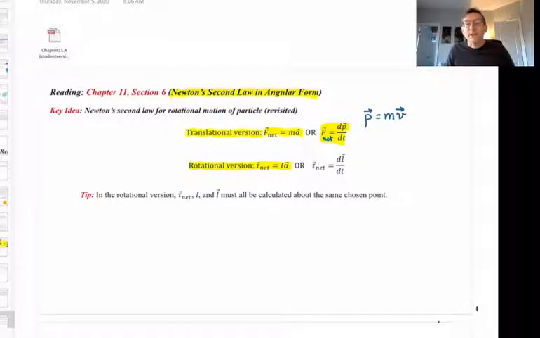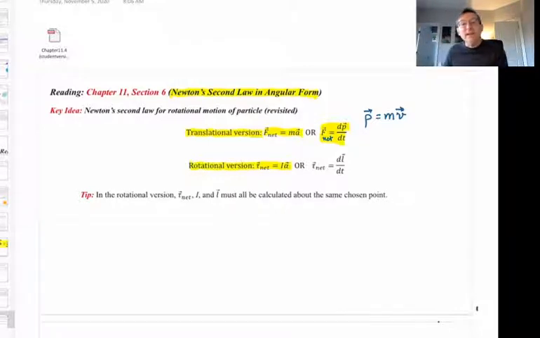And I've written that with vector symbols. And now we're going to come up with one more expression, another way to write the rotational version of Newton's second law. It's analogous to the second translational version of Newton's second law.